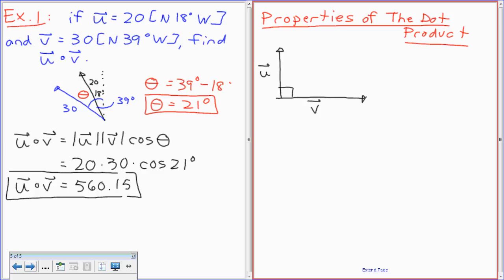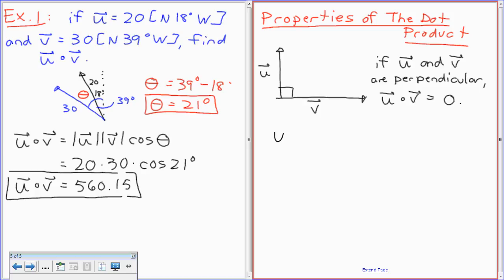It's at a right angle. 0, right? So therefore, if U and V are perpendicular, U dot V equals 0. And that's probably one of the biggest things that we're going to use the dot product for. It helps you to prove perpendicularity. I'm going to pretend that's a word. It helps you to prove the two vectors are perpendicular.